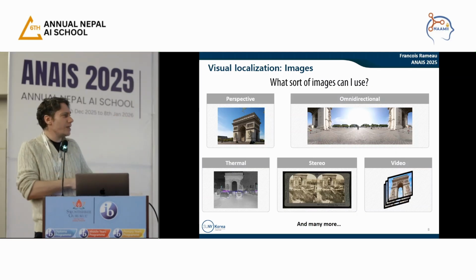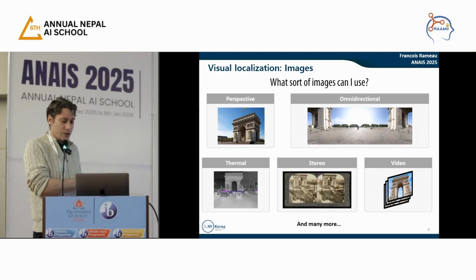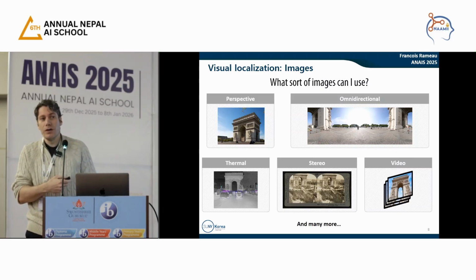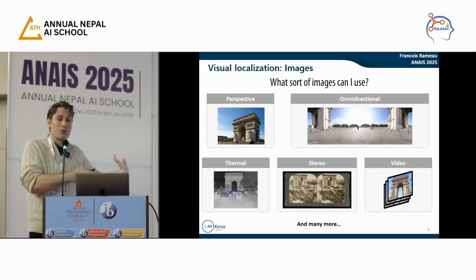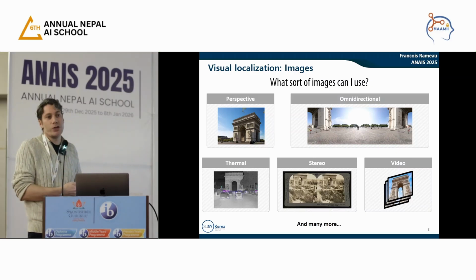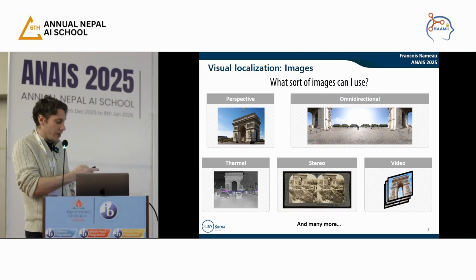And you can take any modality you want, even something very exotic if you want, okay? To some extent, some people will assume as well that localizing yourself with LiDAR input will also be considered visual localization, even though it's not really an image, but anything that your perceptual sensor gives you will be considered as visual localization input.